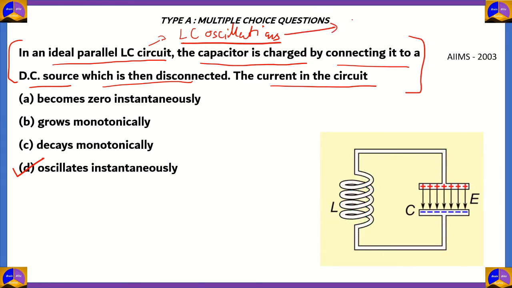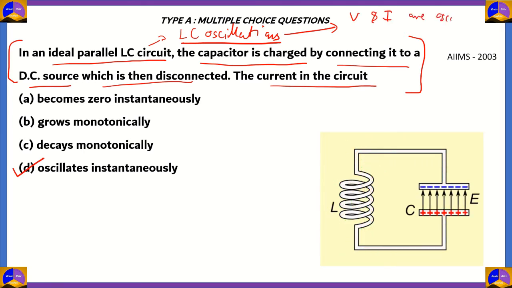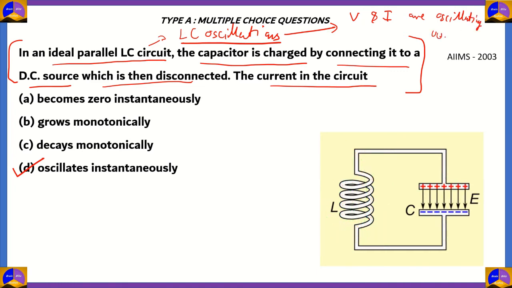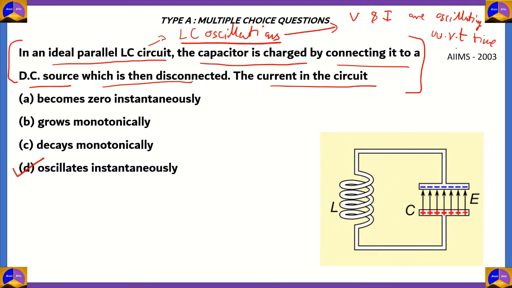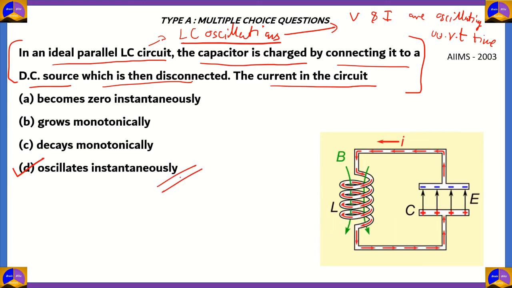And in LC oscillations, V and I are oscillating with respect to time. And this happens instantaneously. Once you connect the capacitor to the inductor, the phenomenon starts occurring. So option D, oscillates instantaneously, is the right option.